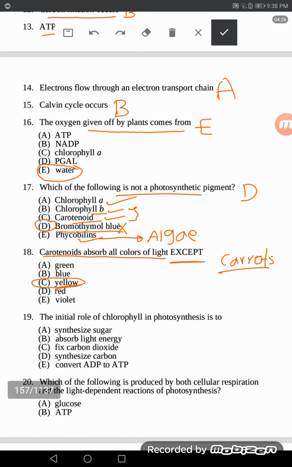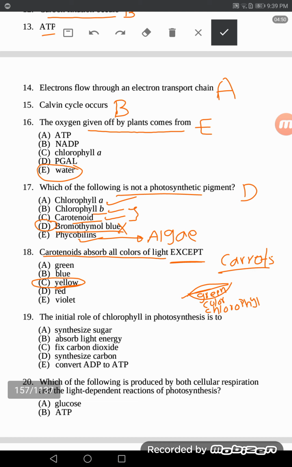Okay, as we mentioned, plants contain green color, which is chlorophyll. Chlorophyll is a pigment that gives green color. It's in green color, so it absorbs all of the colors except green.